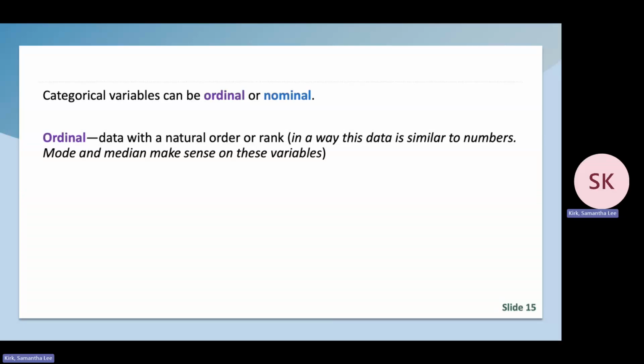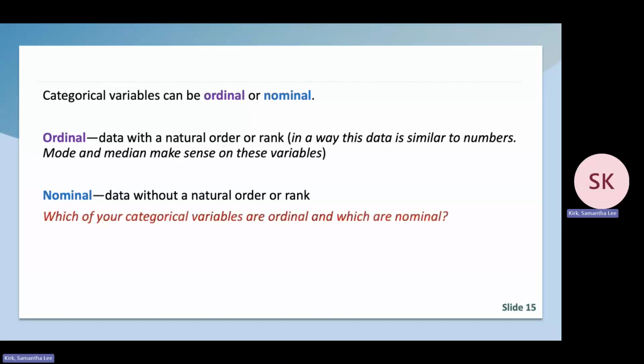In a way, it's similar to numbers, and the mode and median make sense on these variables. While nominal categorical variables are data without a natural order or rank. I think this is easier to understand when we look at the variables and try to classify them into ordinal or nominal.